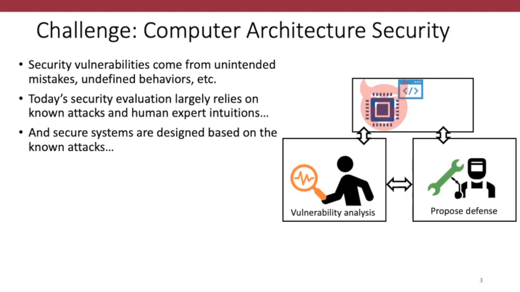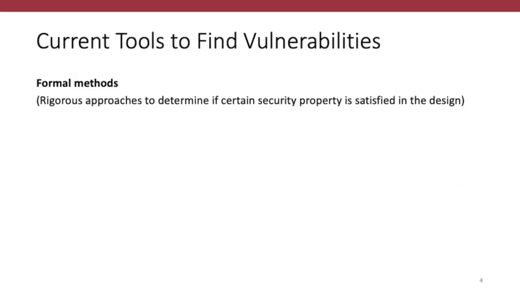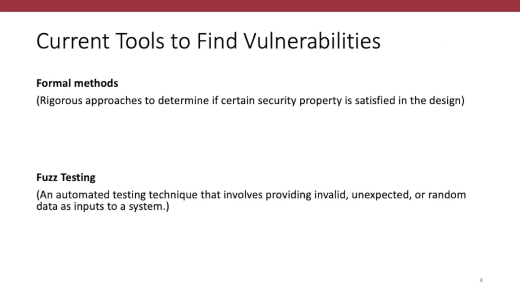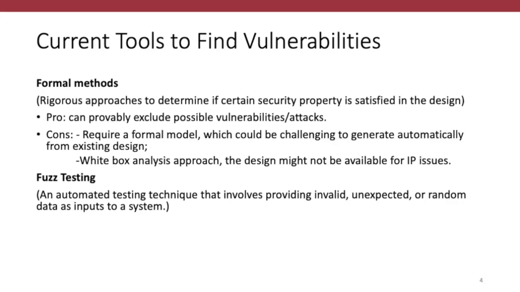There are currently a couple of tools to find vulnerabilities. One is formal method, which is a rigorous approach to determine if a certain security property is satisfied. Another approach is fuzzing, which is automatic testing where we feed random or unexpected input into a system and see what the system response is. Such methods have their pros and cons. The formal method provides a formal guarantee that it's provably secure.